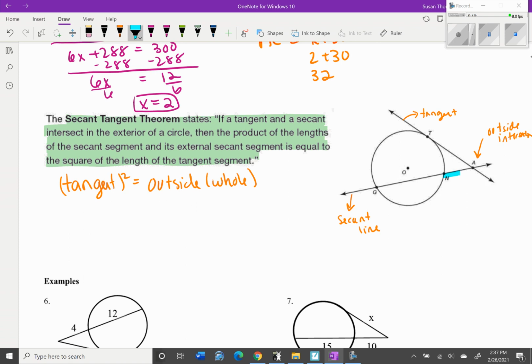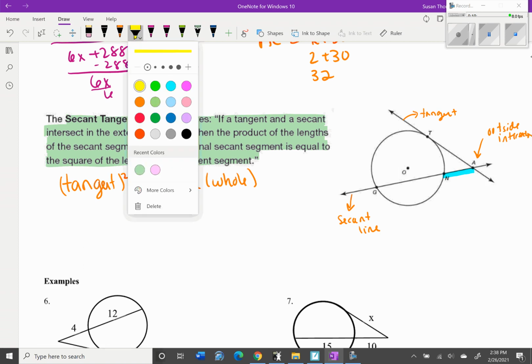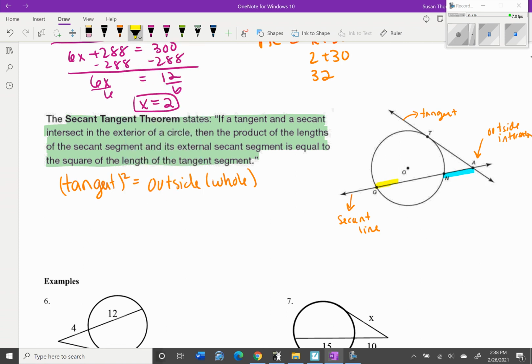Again, this is the external secant, and the whole would be the entire line from here to here. So this is the whole line, and this is the outside. And for the tangent, this is the segment that we are using. So in this case, the tangent segment, the outside equals the whole.